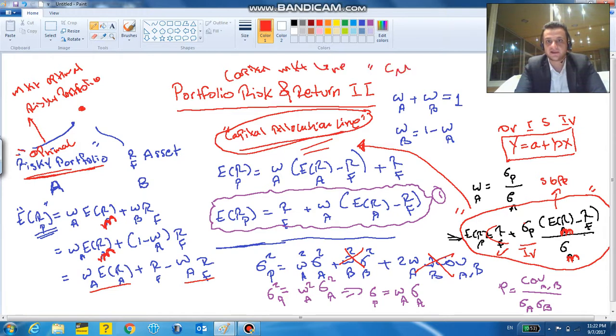Both of them are highly testable. Both of them have the same way of deriving this linear equation. They only differ in these expressions, all right?